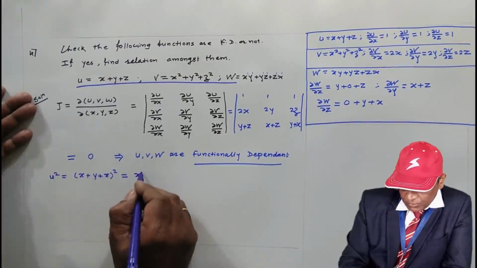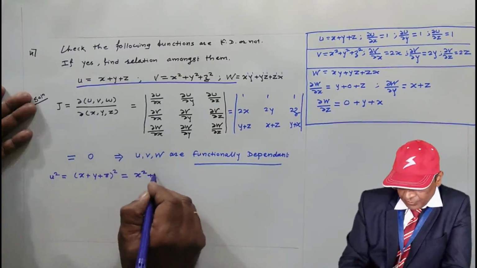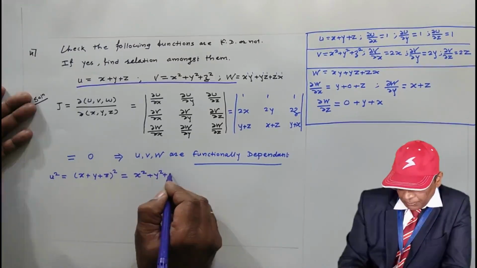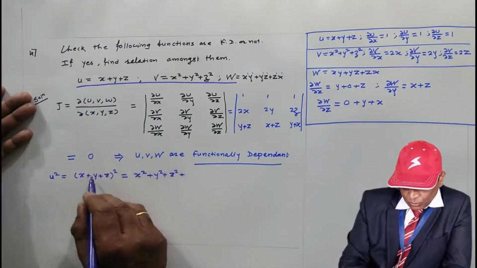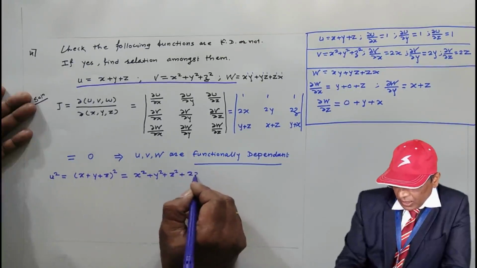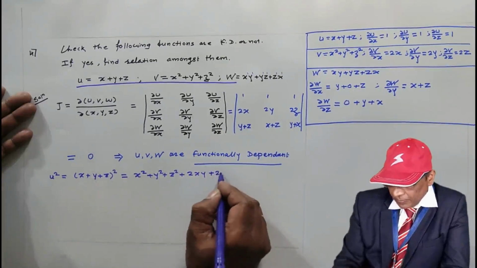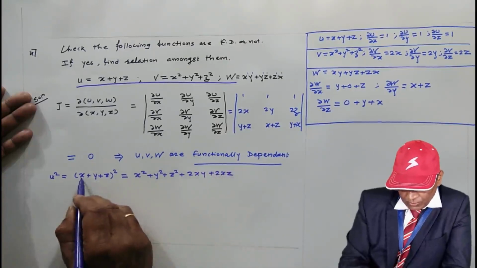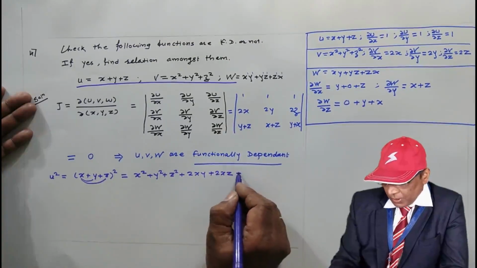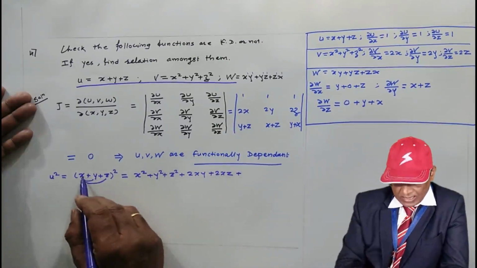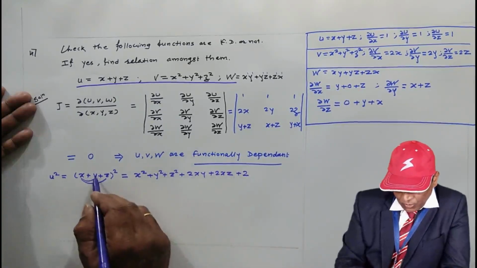Now, the square of this: a plus b plus c whole square is a square plus b square plus c square plus 2 times x into y, then 2 times x into z, plus, now the term of x has been exhausted, 2 times y into z.